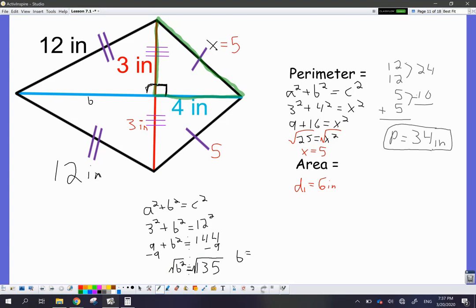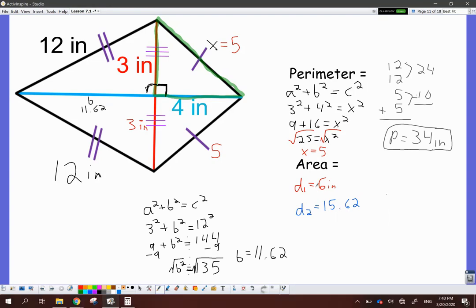The square root of 135, which if I plug into my calculator is 11.618, so 11.62. So now that I know what my b is here, 11.62, now I know what my d2 is. So d2 is equal to 15.62, because if I add 11.62 plus 4, then I get 15.62.